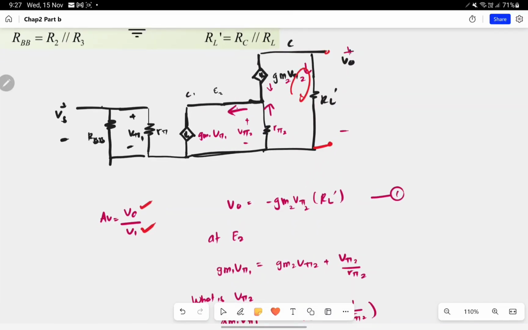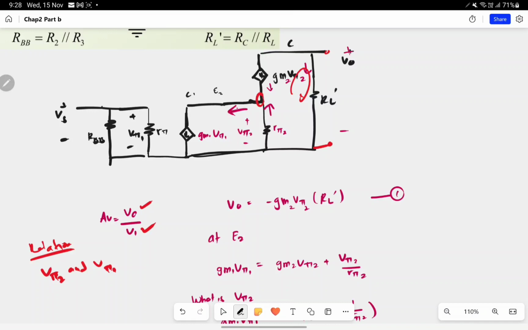Okay. Before we look at our input side, we need to find the relation between V pi 2 and V pi 1. So we need to find the relations between these two voltages, located at E2 at this side.